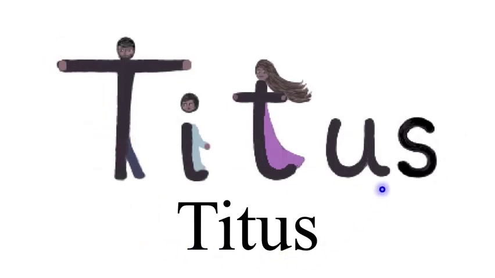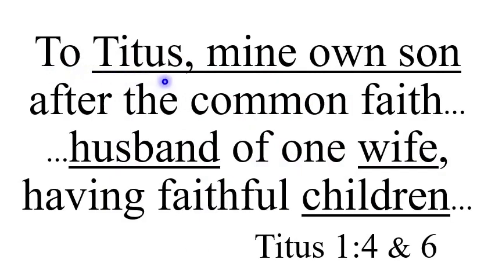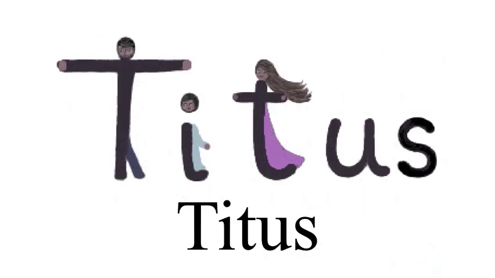The icon for Titus is a family with a husband, child, and wife, spelling the word Titus because the Bible says, "To Titus, mine own son, after the common faith, husband of one wife, having faithful children." Titus 1:4 and 6. Since Paul also thought of Titus as his own son, and since husbands, wives, and children are mentioned in Titus, a husband, child, and a wife, along with the letters us, are the icon for Titus.